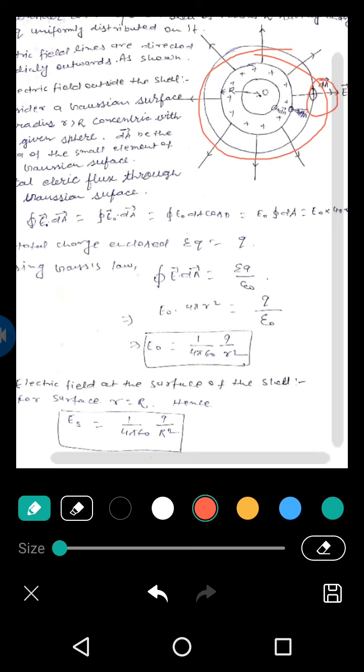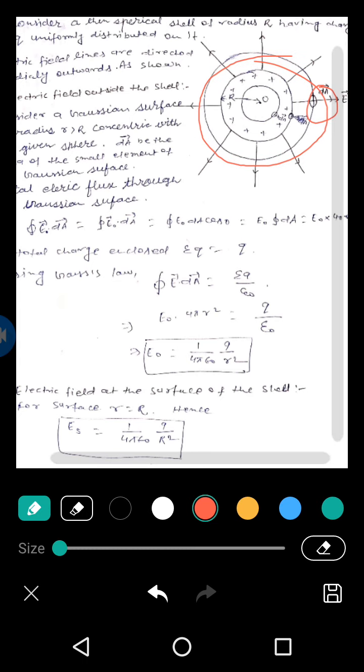Area vector is towards the right side, because area vector is always away from the surface. Area vector is always normally outward on the surface. That's why area vector is towards the right side, and electric field is also towards the right side. That's why the angle between the area vector and the electric field is 0.